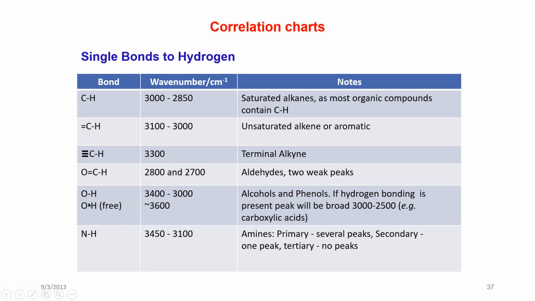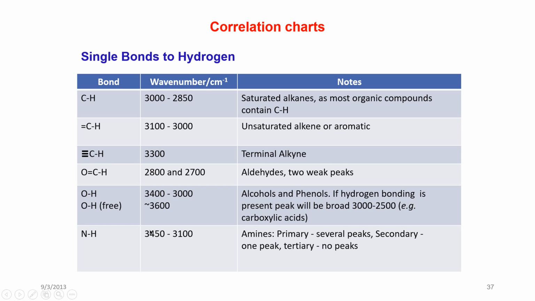Similarly, in case of OH, the free OH without any hydrogen bond formation occurs as a sharp peak around 3600, but when the hydrogen bond formation happens, there is a weakening of the OH bond, and that is why the peak frequency decreases.